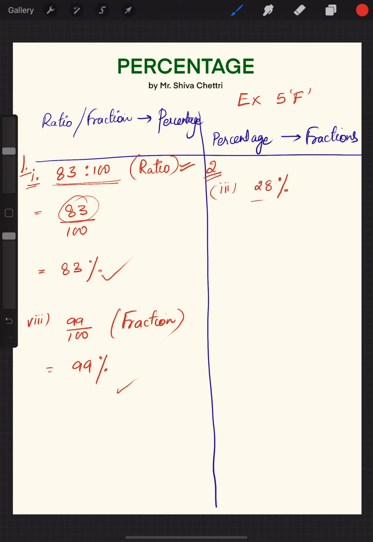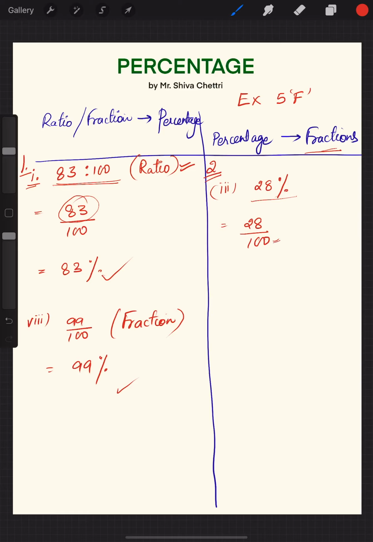It is already given as 28%, but we need to convert it into a fraction. So how do we do that? 28% means 28 by 100. Please go through the question carefully. It says to convert each of the following percentages into a fraction with 100 as the denominator. So if you write 100 as the denominator, that is the answer itself.